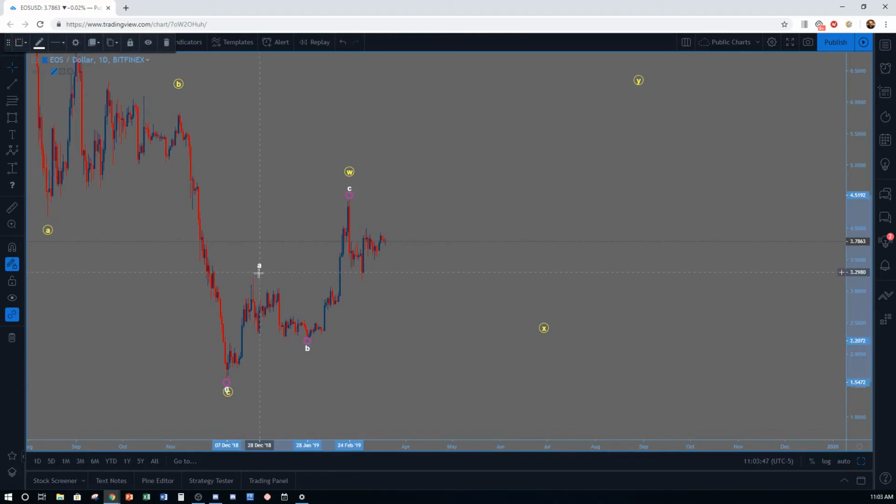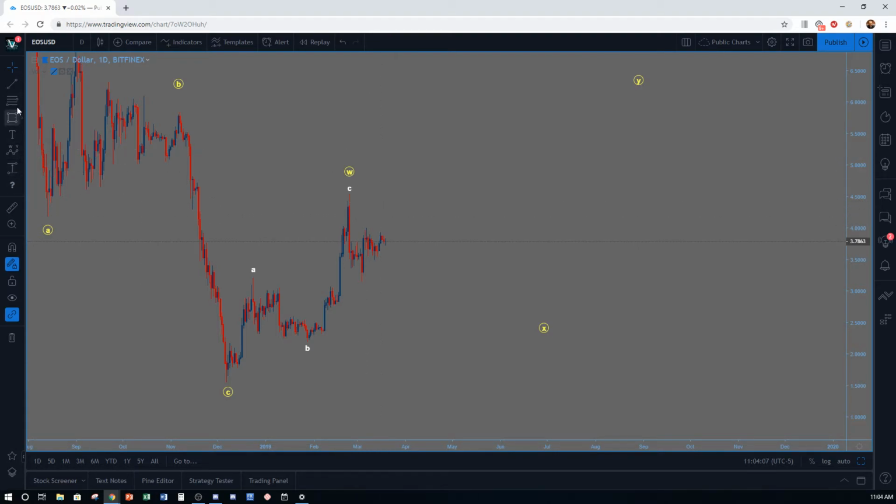I think X's will take a lot more studying before we get solid rules on them. Some say that X's are comparable to B waves, that they should take longer and be corrective to the W wave.